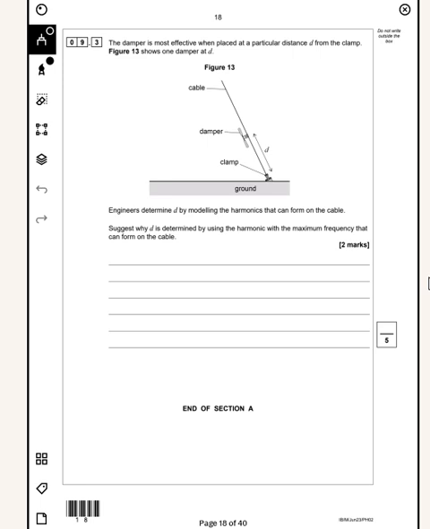Okay, last question. The damper is most effective when placed at a particular distance d.